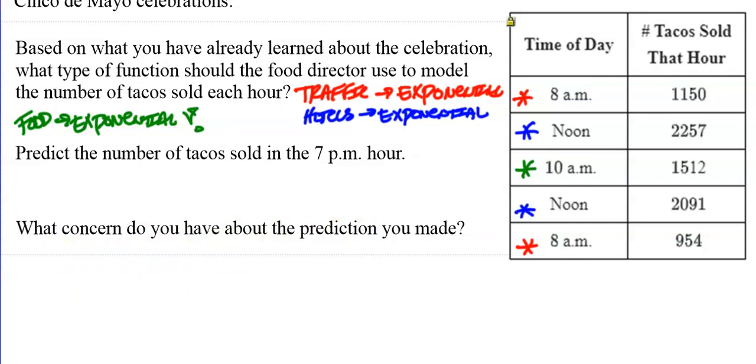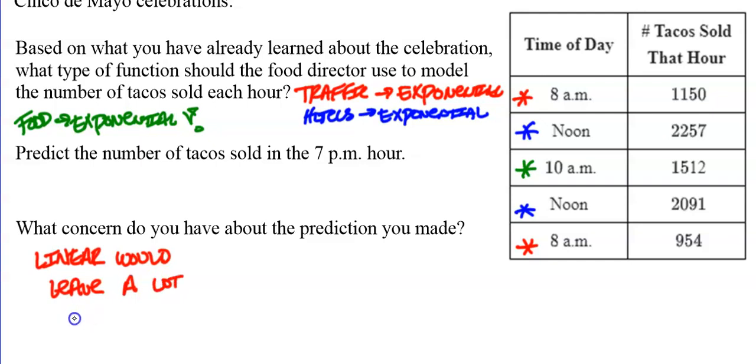Be careful of linear. Linear would give you a lot of unfed people. So that's why we're going to go with exponential.